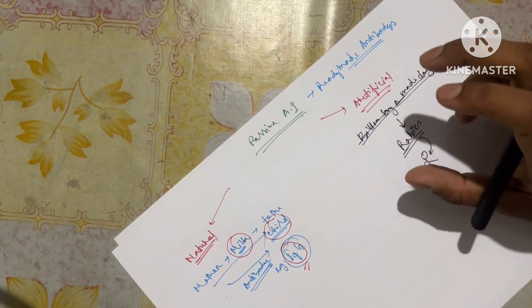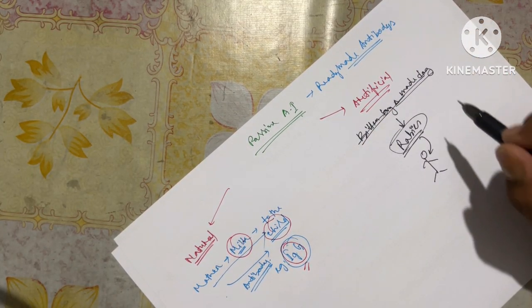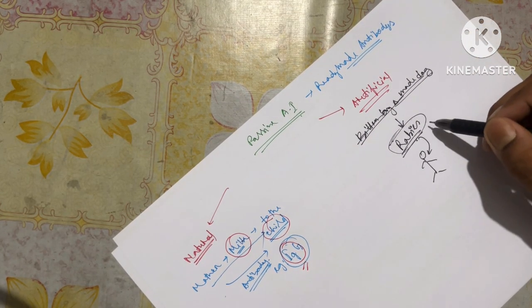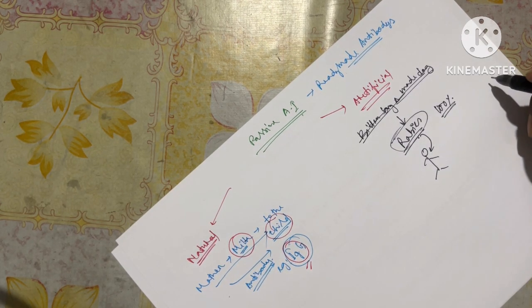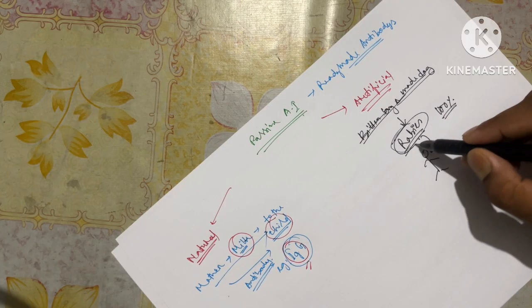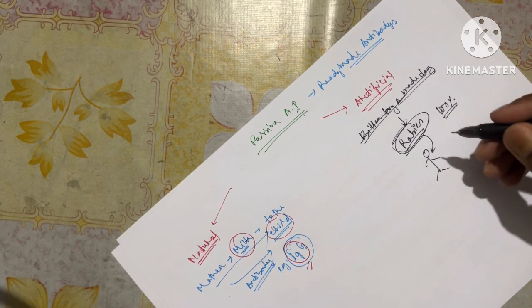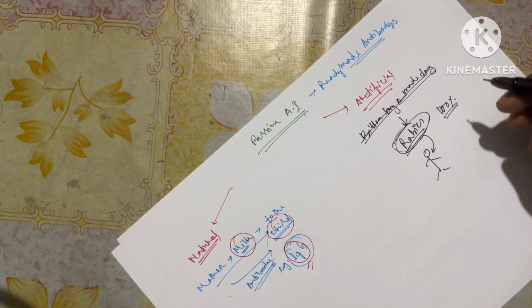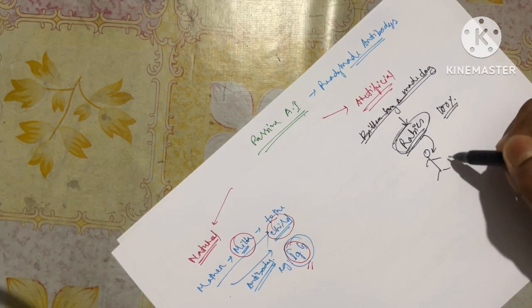It is an active process, it takes time. But rabies is very deadly, it is 100% fatal, 100% death is confirmed. So while rabies enters the human body, that person cannot wait for producing his or her own antibodies, because it will take time, and in the meanwhile, rabies will kill that person.